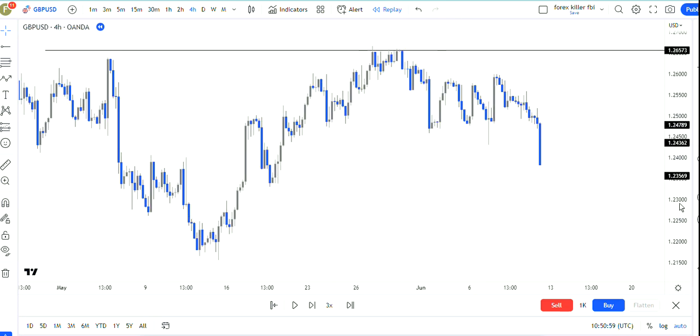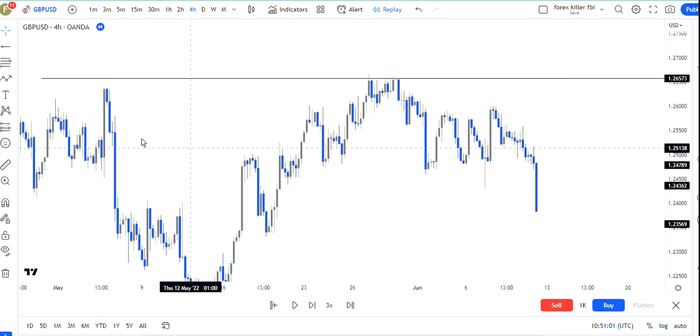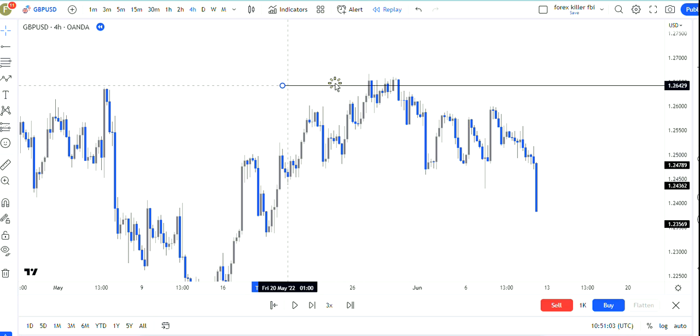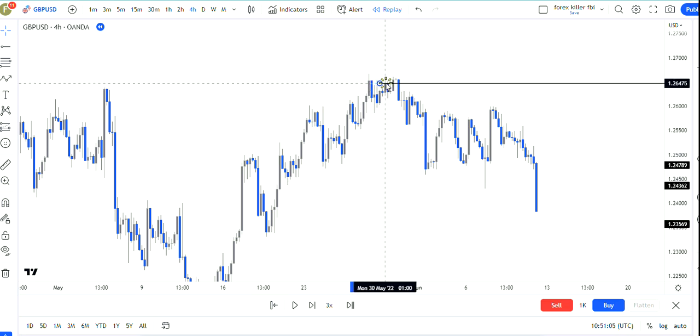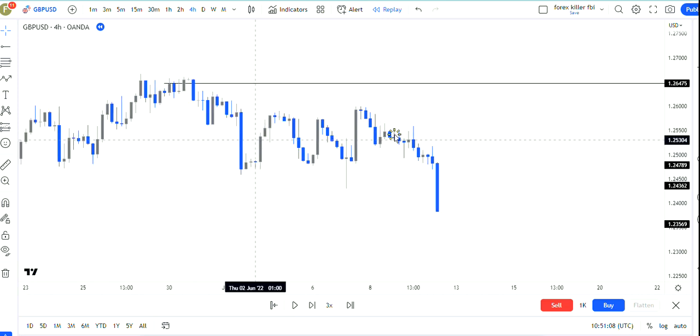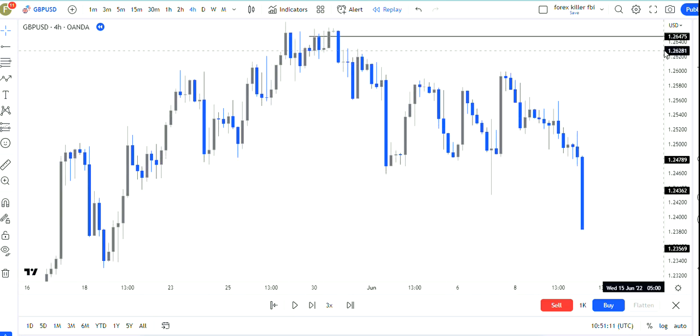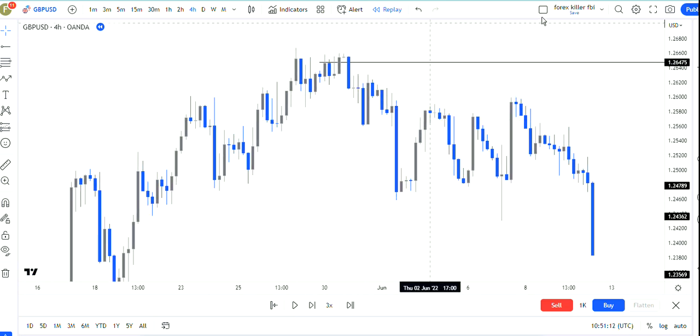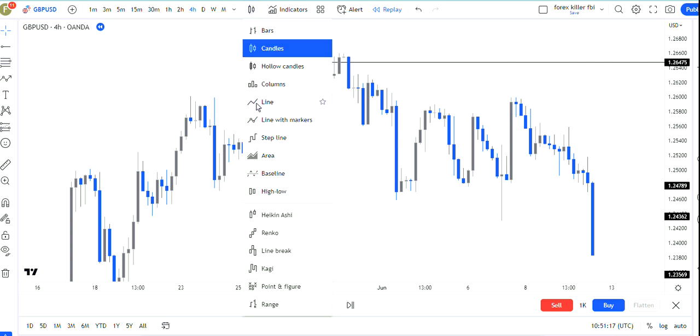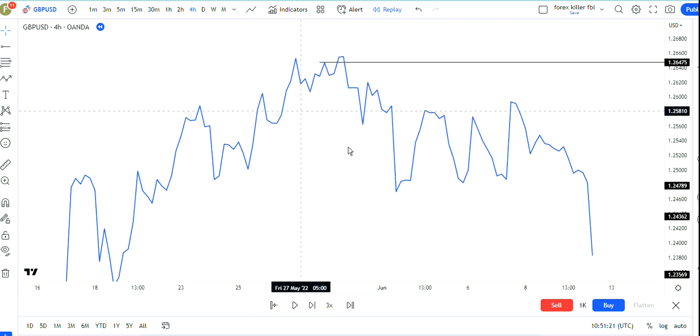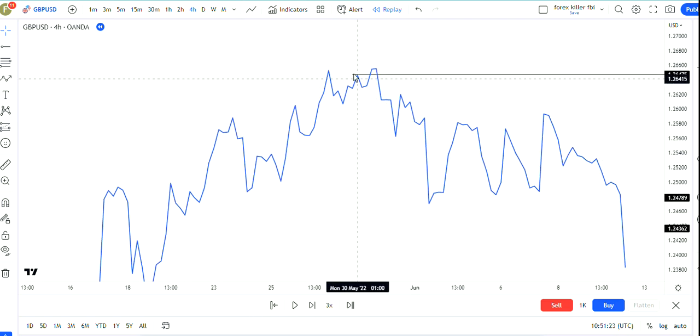Yes. Now at this point, we have an overthrow here. Look here, you can call it liquidity. Let us use the line chart here. As you can see, we have an overthrow around this point.